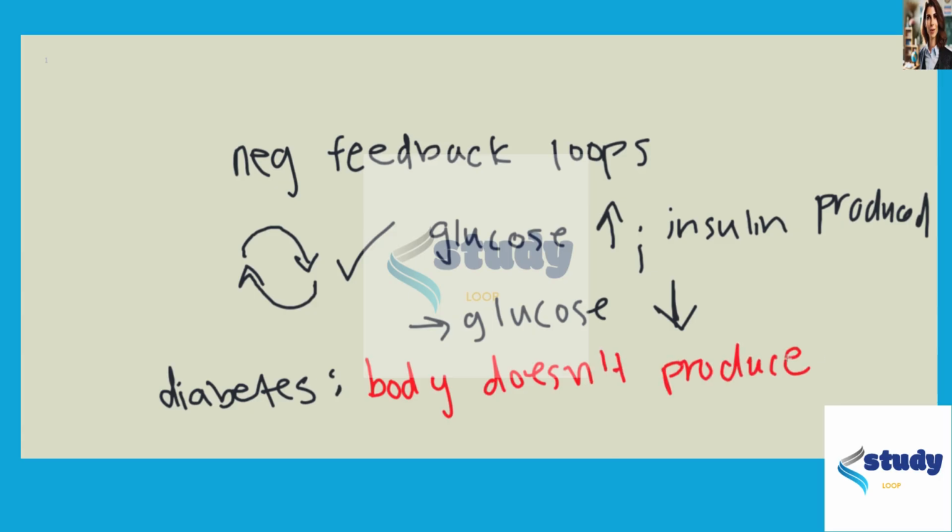So if the body doesn't produce the amount of insulin that's necessary, then the glucose doesn't go down. And if the glucose doesn't go down, then the loop is never resolved. So equilibrium is not achieved.